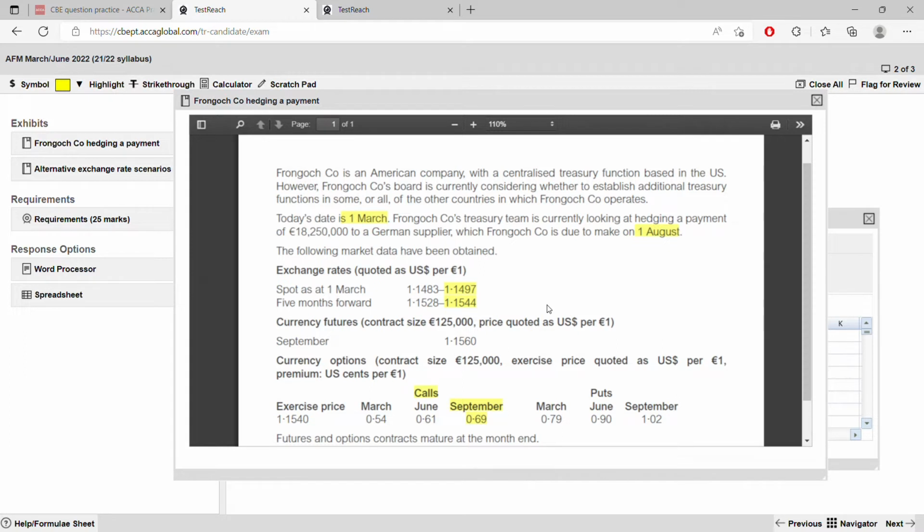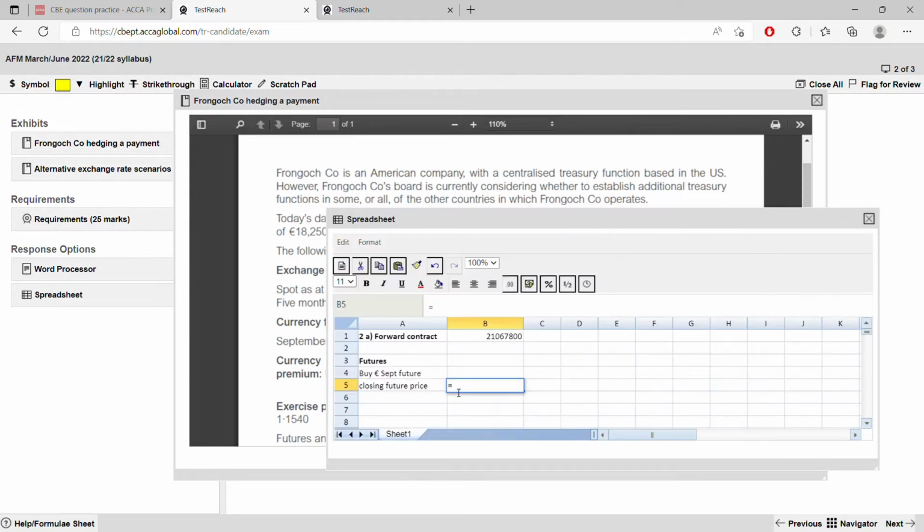So with the spot, you add your basis risk. So your spot was 1.1497 plus basis risk. When you do basis risk, put it in bracket.